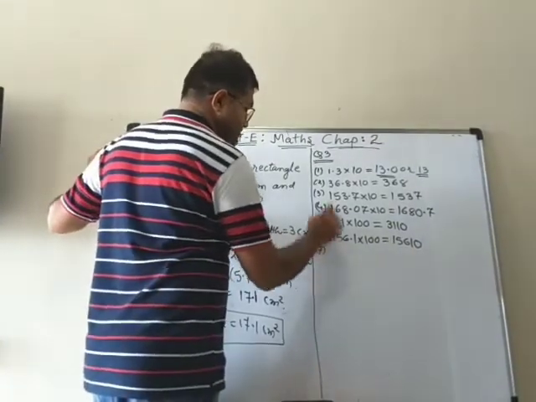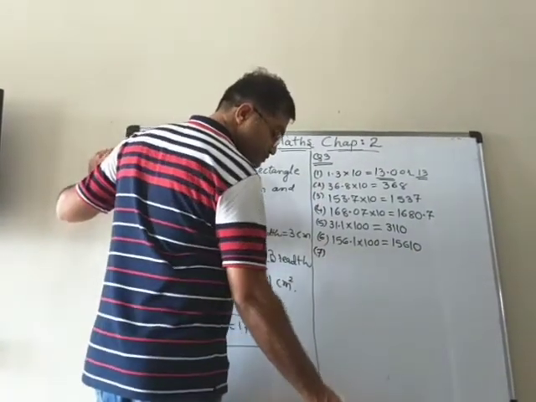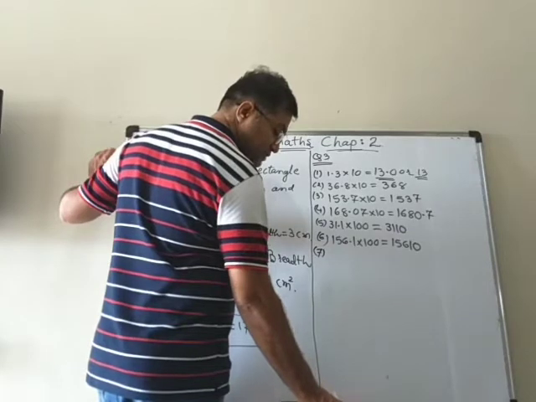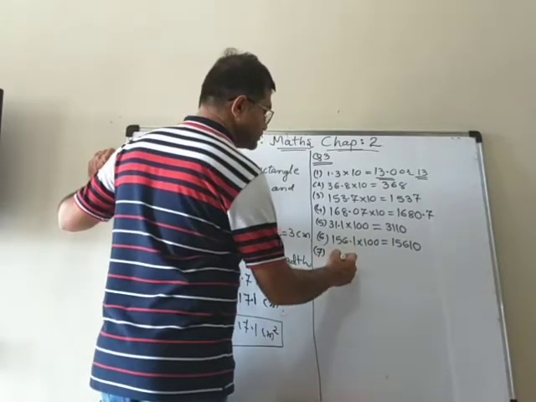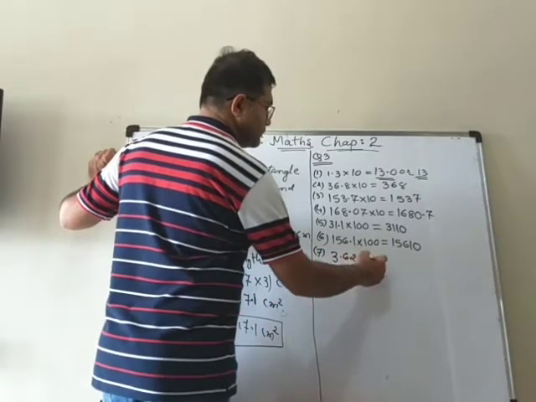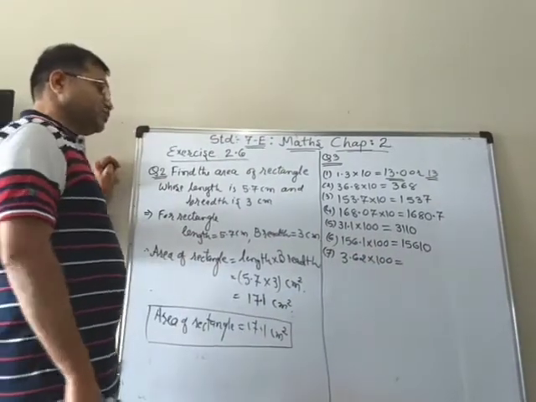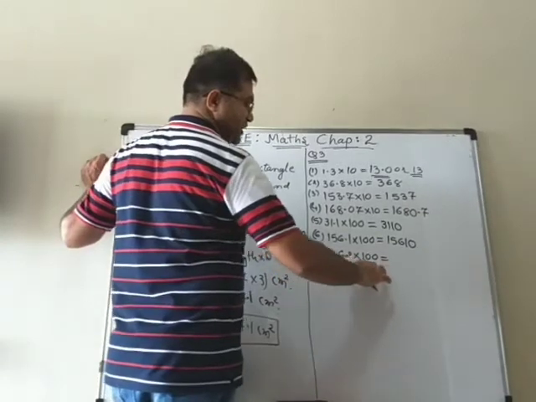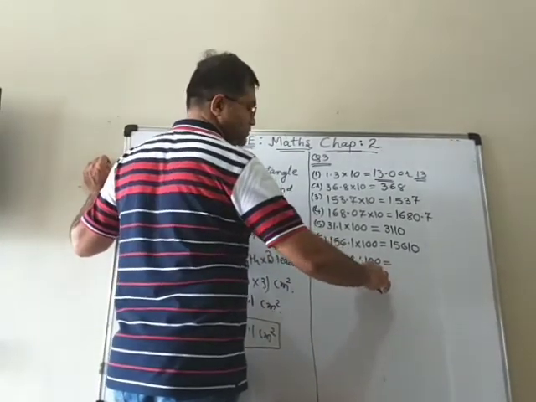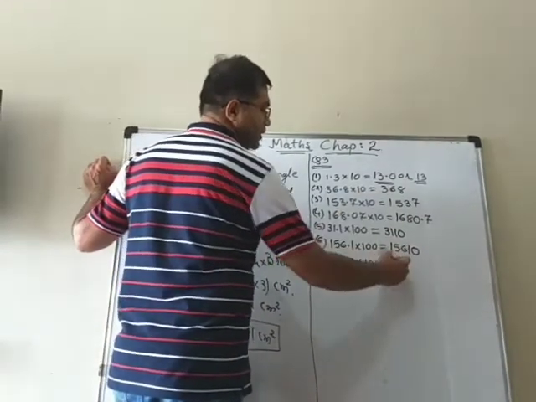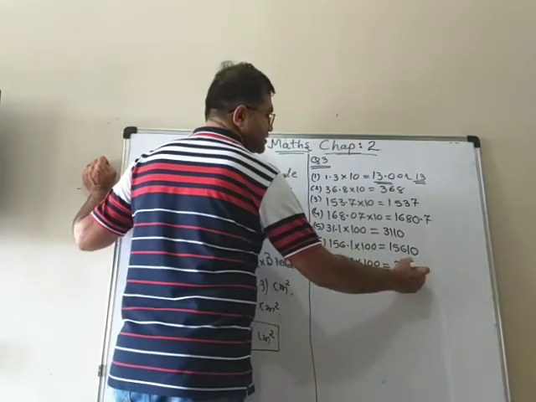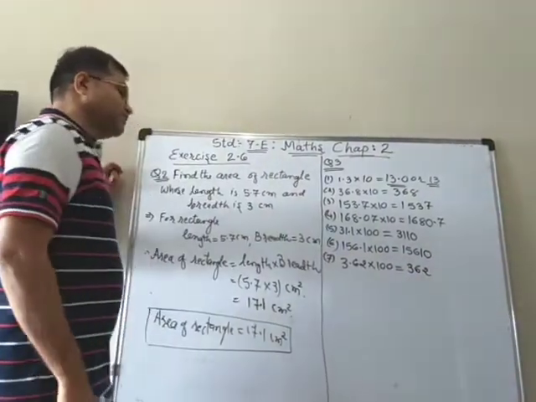Now the seventh one is 3.62 multiplied by 100. So here we have two places and we have to move two places also. So only the point will be gone, 362. Very, very simple.